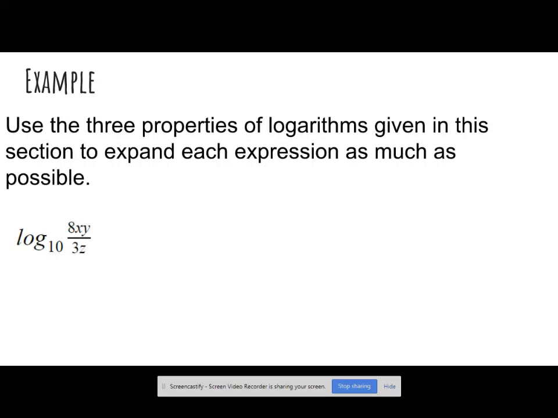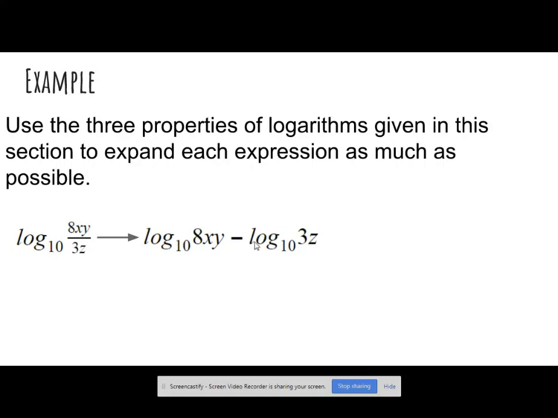When we do that, one of the properties that we can use right away says that if you're dividing, we can take whatever the numerator is minus whatever the denominator is. So we can take the log base 10 of 8xy, and instead of divided by 3z, it becomes minus log base 10 of 3z.